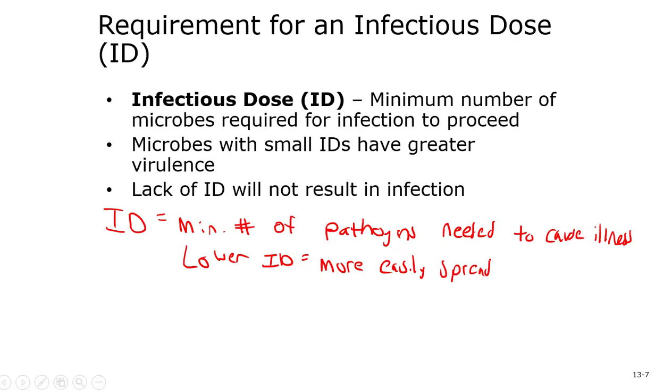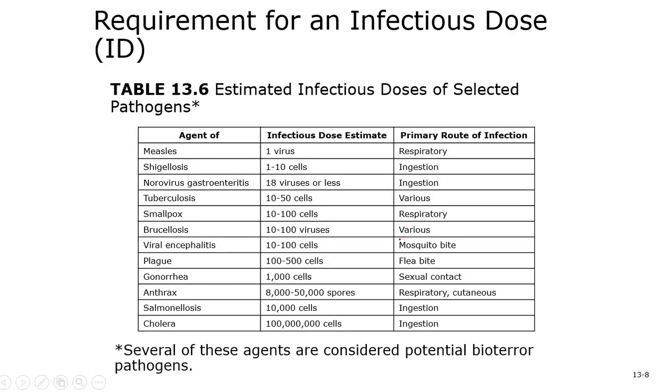So some examples just to show you. Measles virus. It only takes one virus, inhalation of one virus, to cause a measles infection. So that's why measles is so easily spread, and why people who are not vaccinated against measles are at great risk for this infection.